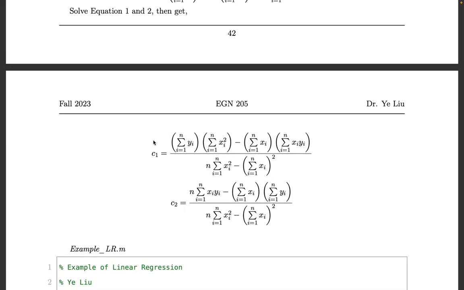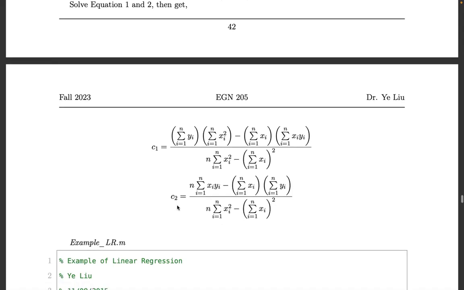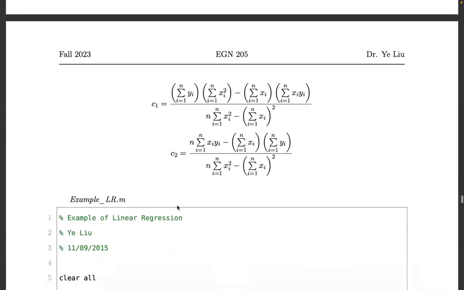We will use these two formulas to get c1 and c2 as the offset and slope.